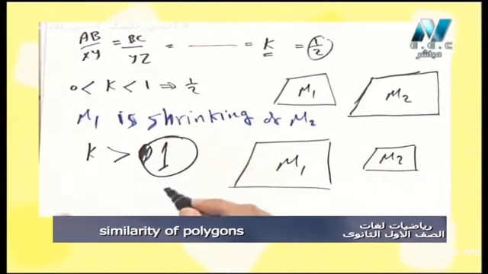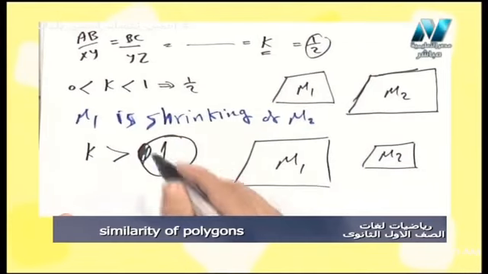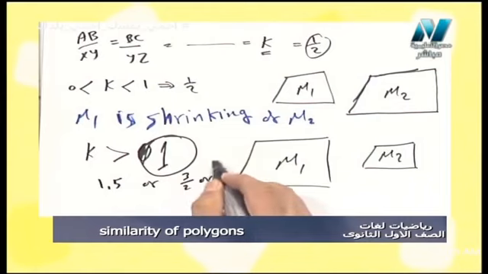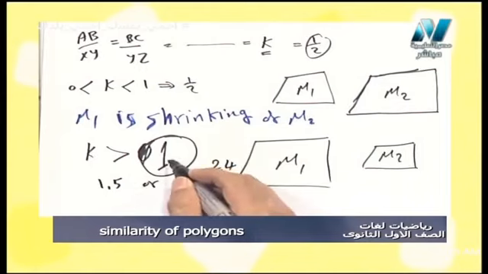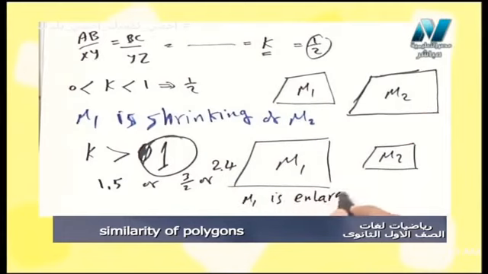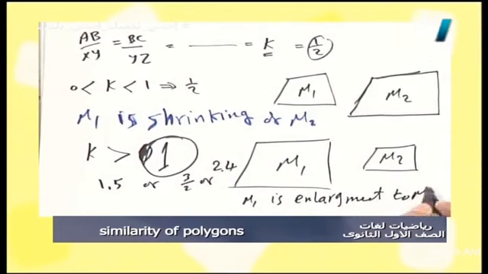So if K, which is the ratio of similarity, is greater than 1, say 1.5 or 3 over 2 or 2.4, it's greater than 1. If K is greater than 1, then M1 will be an enlargement of M2.